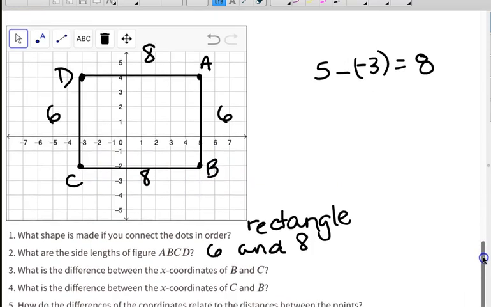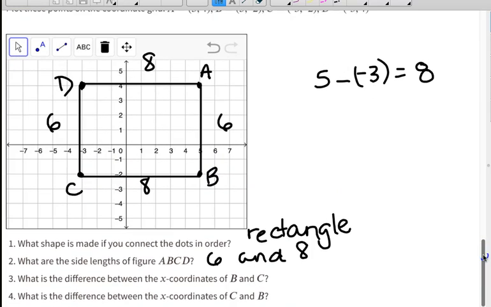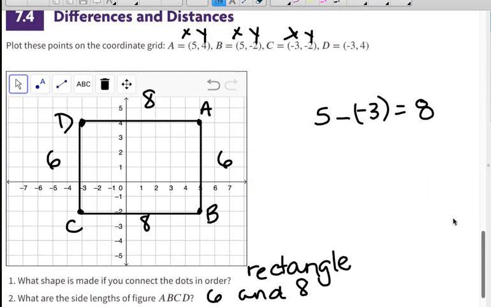How about what is the difference between the x coordinates of C and B? Well, let's go back up to it again. The difference between C is -3 and B was 5. -3 minus 5 more is -8.